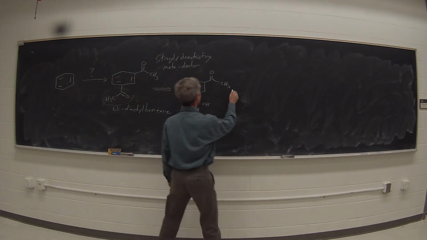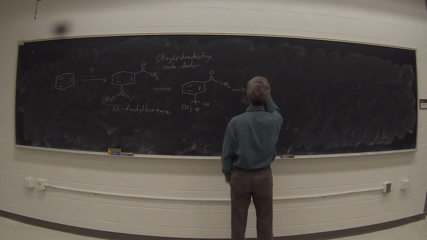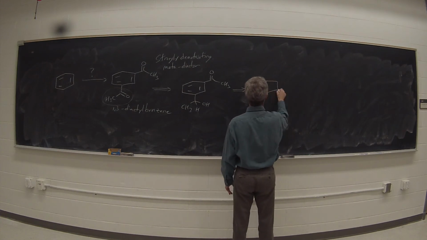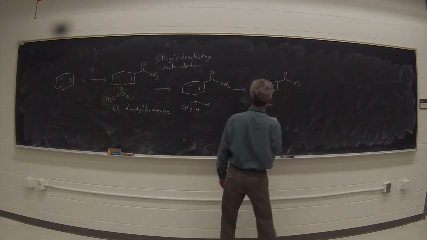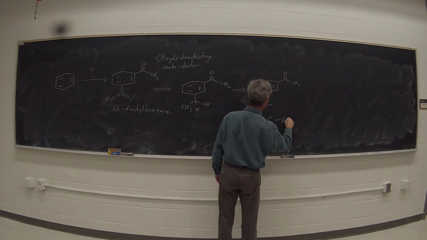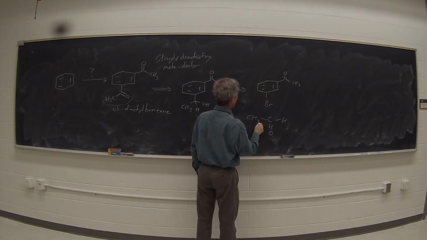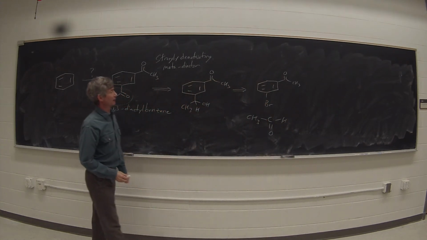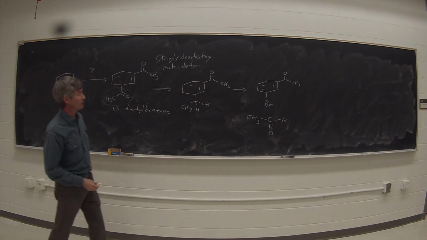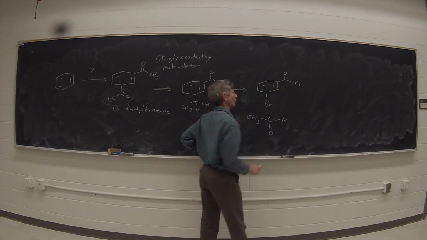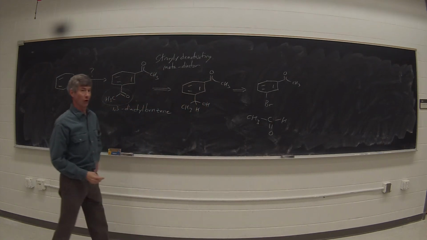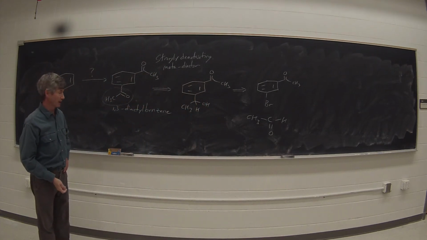And we know that we could have made that from a Grignard reaction onto the corresponding aldehyde if we could convert that into the Grignard reagent. But the problem is we can't convert that to a Grignard reagent in the presence of that ketone. So this is also going to involve some protecting group chemistry.